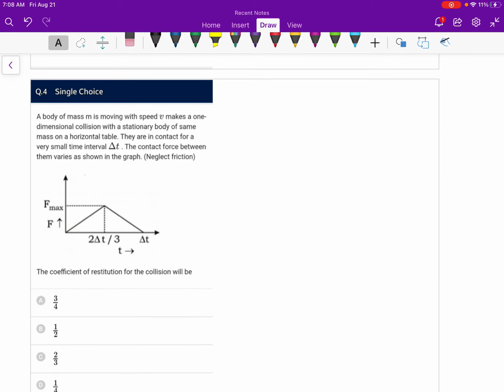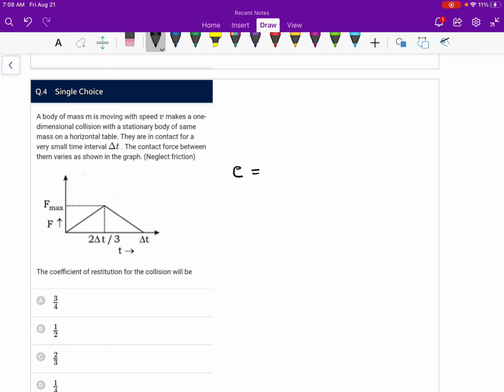The contact force between them varies as. So this theory is actually beyond our syllabus. A coefficient of restitution is given by, see, till the force is maximum, the objects get compressed. And after the force decreases from maximum value to 0, the objects start regaining their shape.